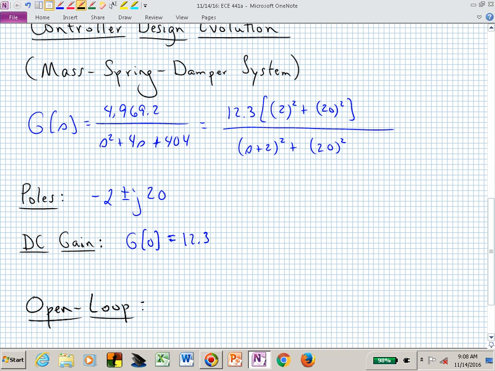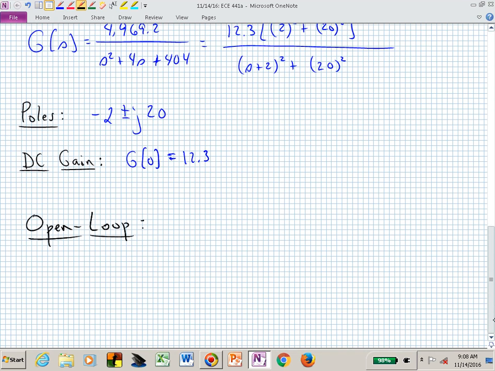That's really what you have when you kick this system. And if you have that system and you kick it, what is the sigma? You have e to the minus sigma t. What is sigma in this case? 2.